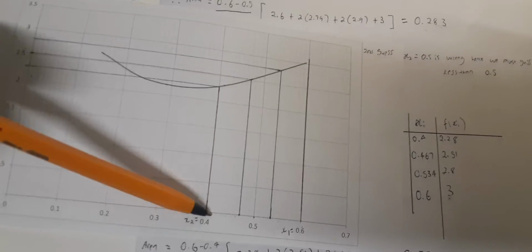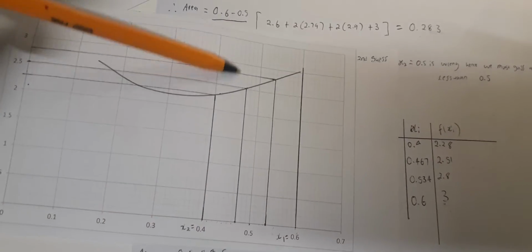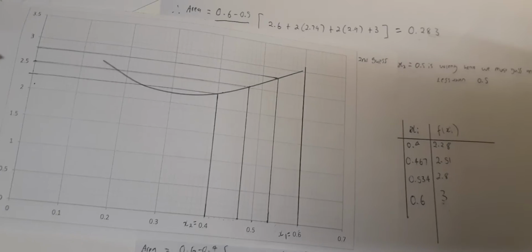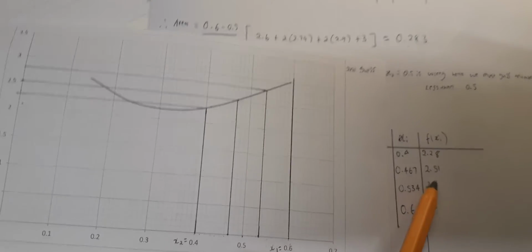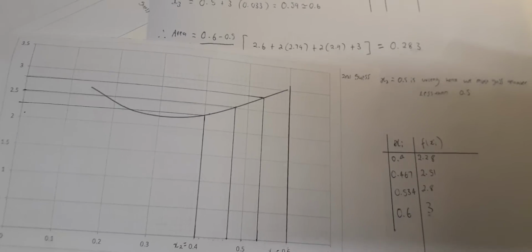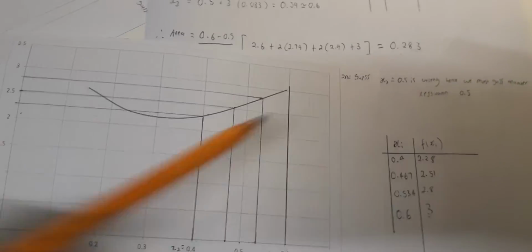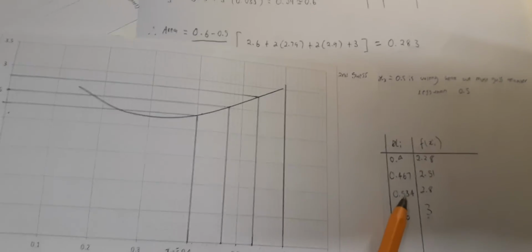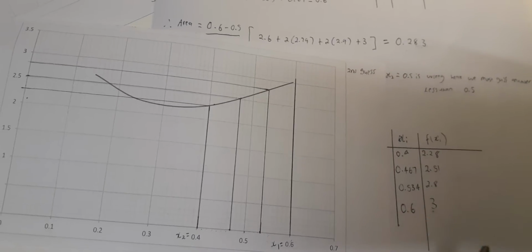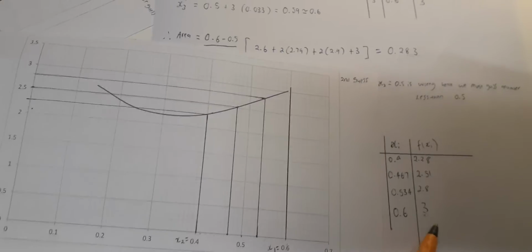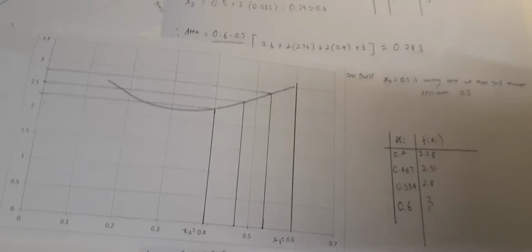We locate 0.467 here, we go up, and at the y-intercept we get f of x1 to be 2.51. Similarly for this one, we go to the graph and find it to be 2.8, and 0.6 still gives us 3.